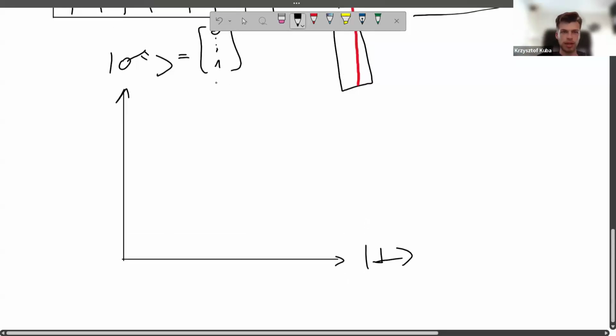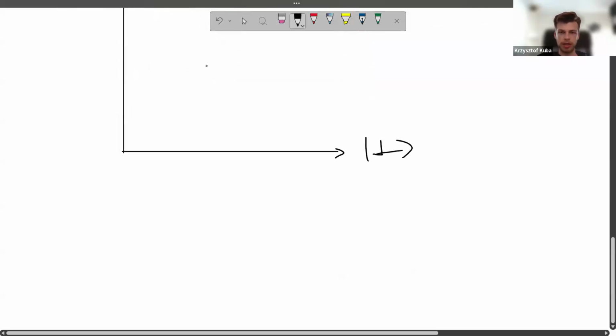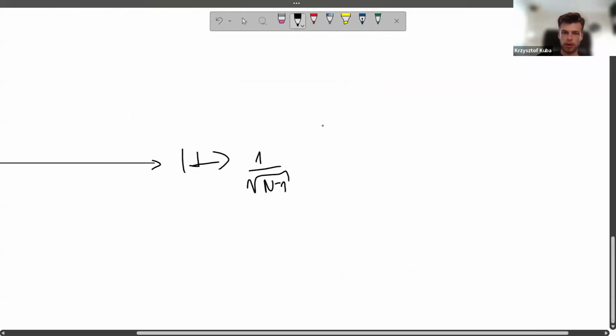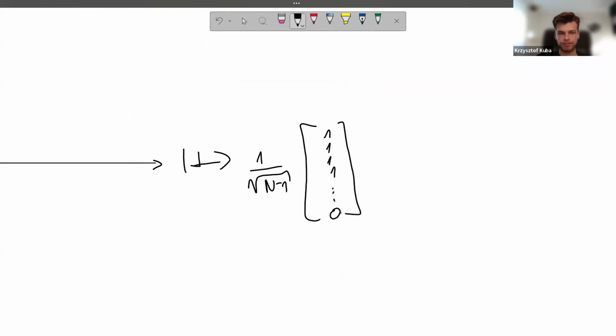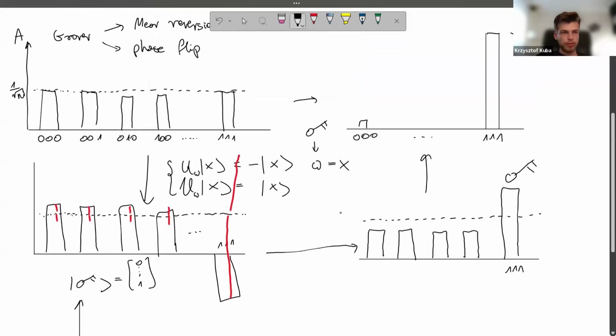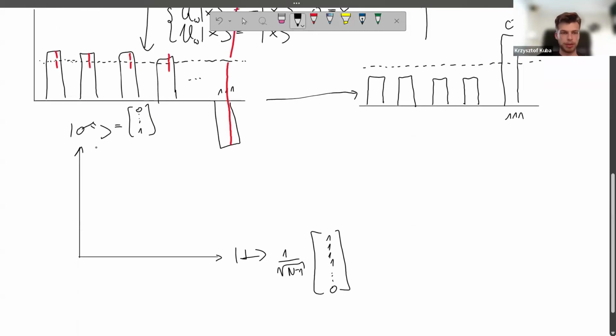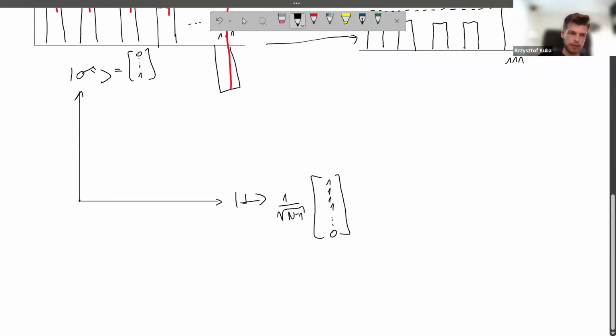So we are searching for the key, and this is the vector representation of our key. And likewise, this will be the uniform superposition of the n-1 states, all the states except the key. So with our initial setup, we have all the states in the superposition of equal amplitudes. And on this graph, this would be equivalent to a vector somewhere like this.